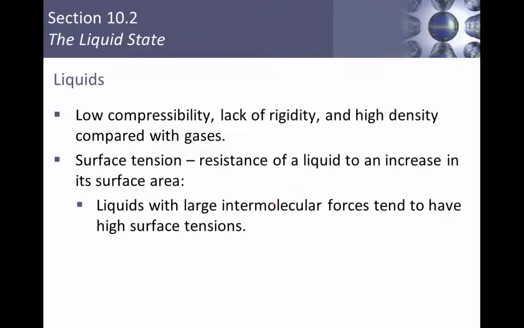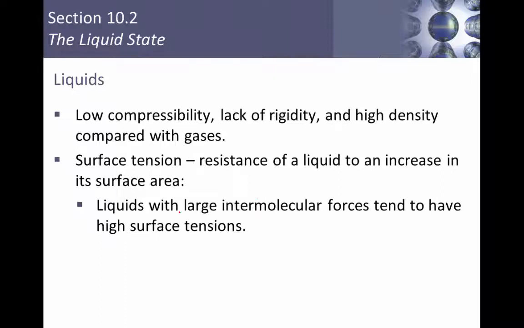Okay, so now when we get to talking about liquids, we're going to look at three different properties that liquids have. One of them is surface tension, and that's the resistance of a liquid to increase its surface area, or to say that a little simpler, can that liquid form a skin over its surface, a little invisible layer.